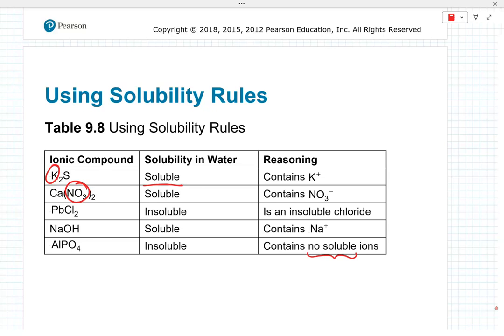No soluble ions. There are salts of aluminum that are soluble, but aluminum is not the leader among those soluble ions, and generally phosphates aren't soluble. Phosphates, sulfides aren't soluble. Okay?